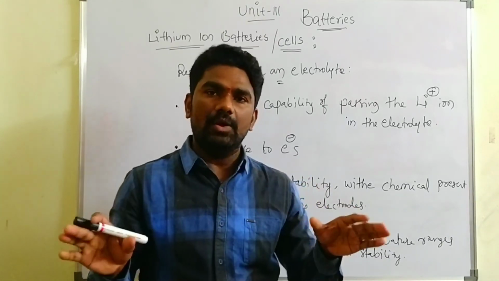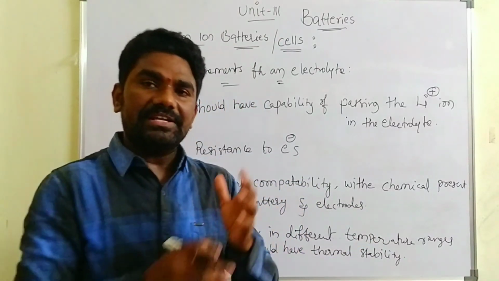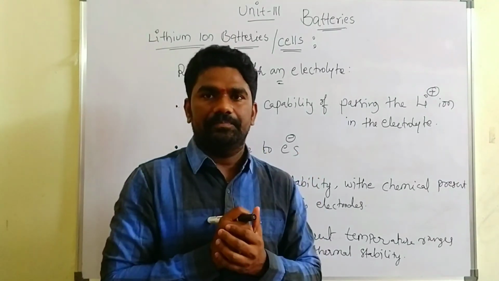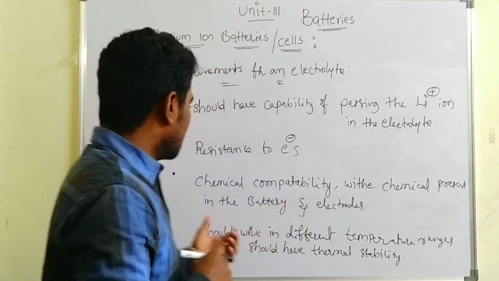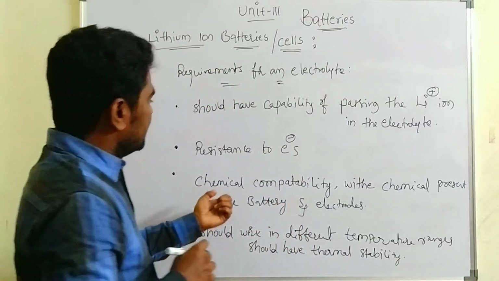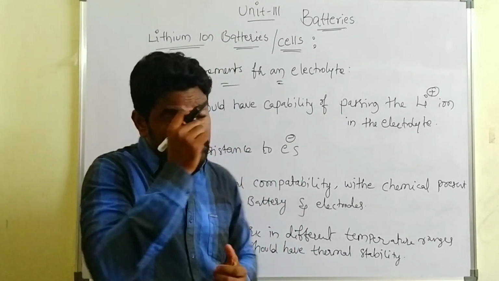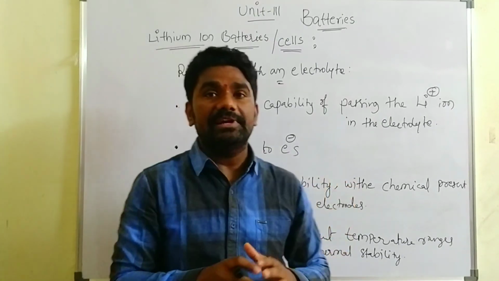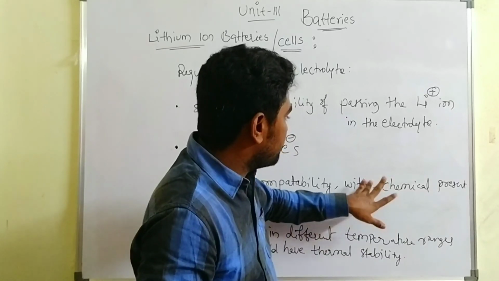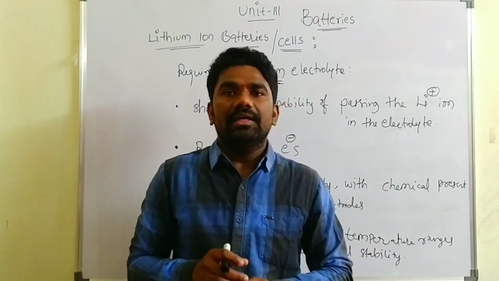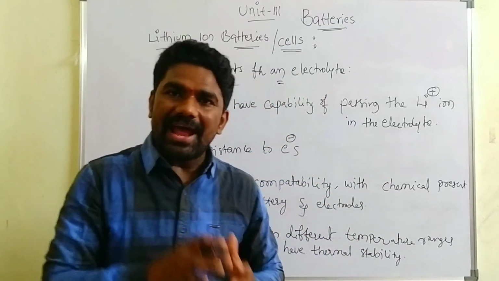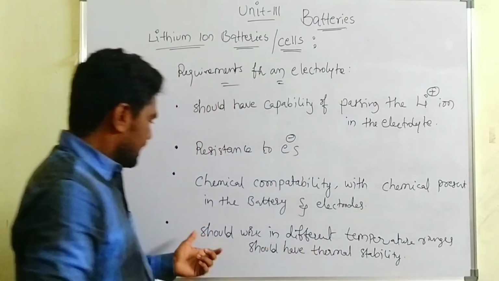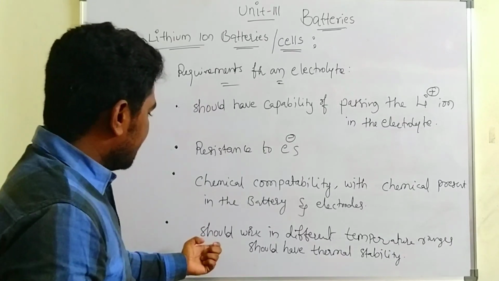It should not allow the electron flow, but it should allow the lithium ions to pass. This is one requirement. Another requirement is chemical compatibility with the chemicals present in the battery and also the electrodes. Is it clear?